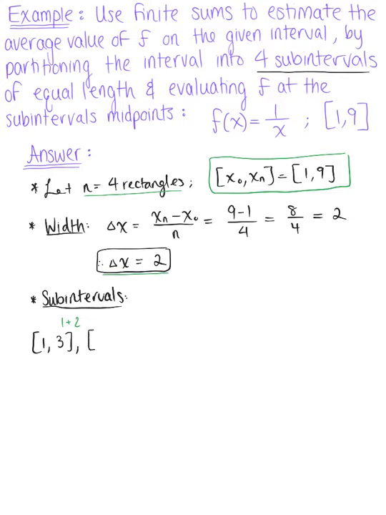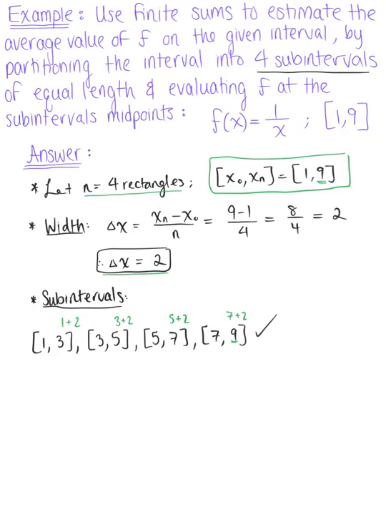The next subinterval starts at the previous interval's endpoint, and 3 plus 2 is 5. So there's our second subinterval. Our third subinterval, we use the previous interval's endpoint. We have 5, and 5 plus 2 is 7. And last but not least, we have the interval 7, and 7 plus 2 gives us 9, which again is a great checking point. This last endpoint should match the right-hand endpoint of your given interval, and so we're good.